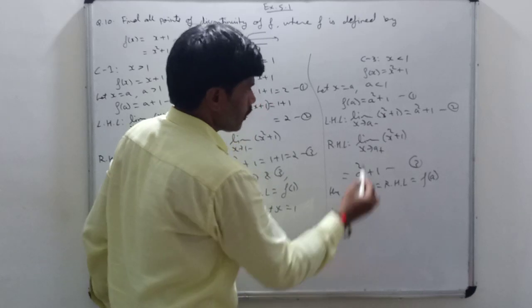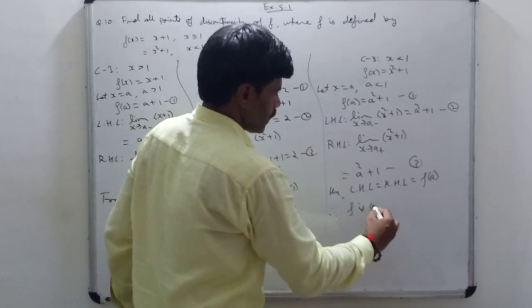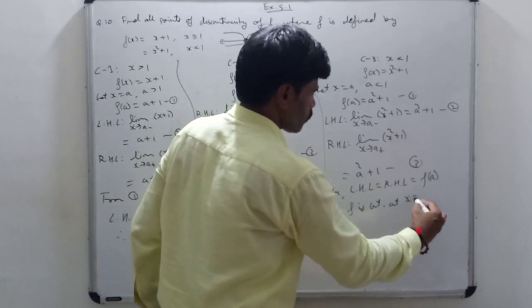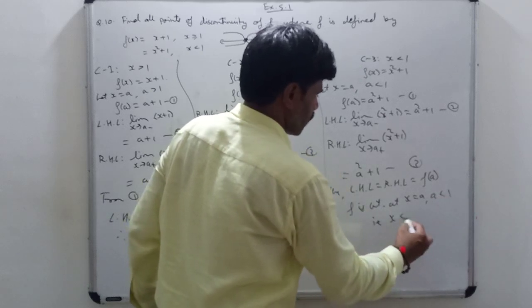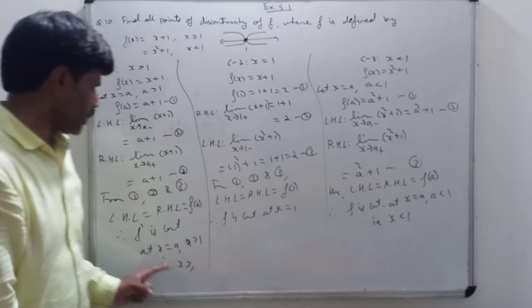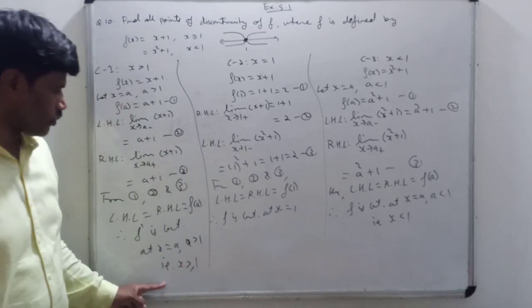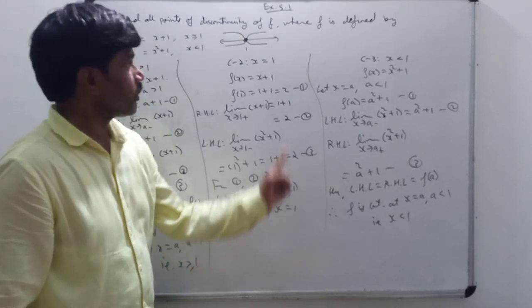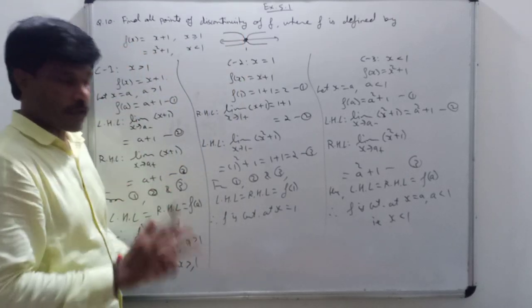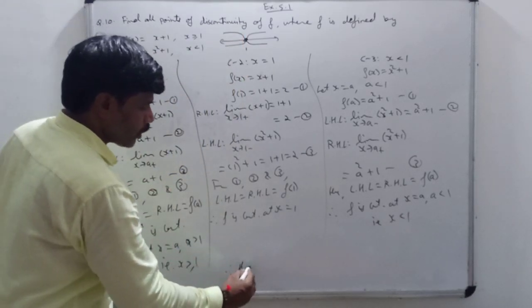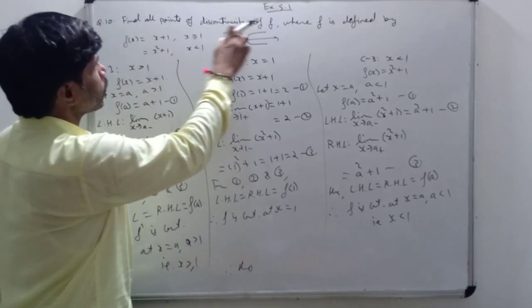So therefore the function is continuous at x = a, where a is less than 1, that is, x is less than 1. So here what you observe? The function is continuous for x greater than or equal to 1 also. The function is continuous at x = 1 also, and the function is continuous for x less than 1 also. So therefore the function is continuous everywhere, meaning no point of discontinuity.